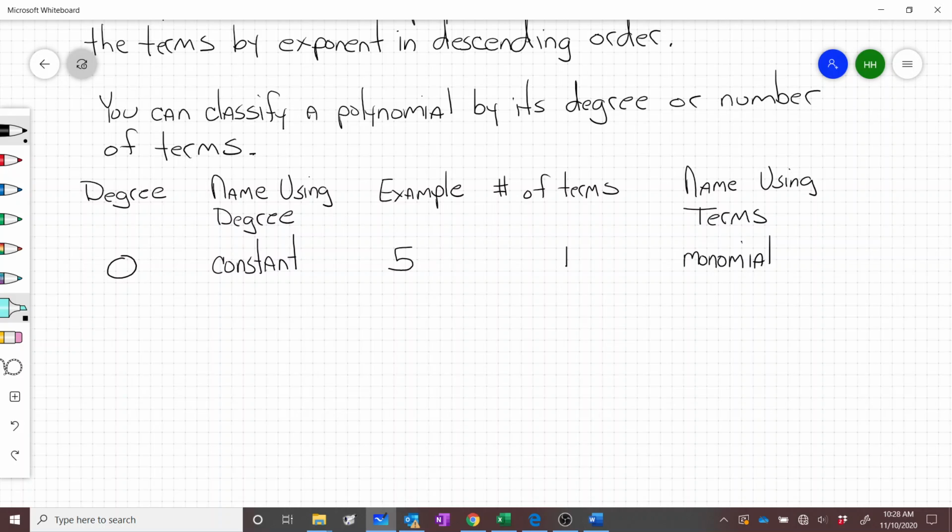A degree of 1. Name using degree is linear. An example would be x plus 4. The number of terms in this case would be 2. And if you were naming it by terms, it would be a binomial.